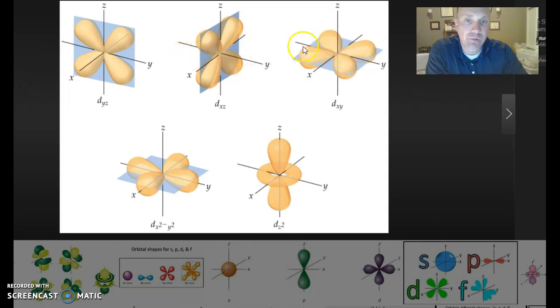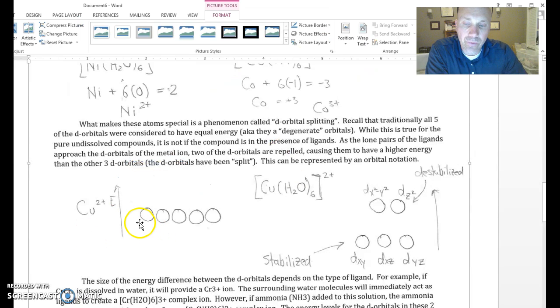But one thing that we know about them is that originally we're told that they all have the same energy. Recall that when we were doing the orbital notations, whenever we got to d orbitals, we always showed the 5 d orbitals having the exact same amount of energy.